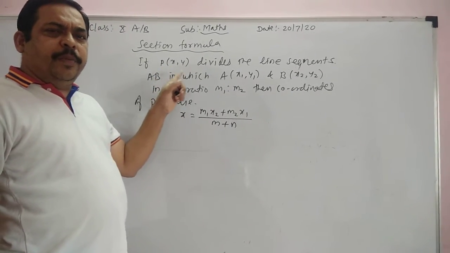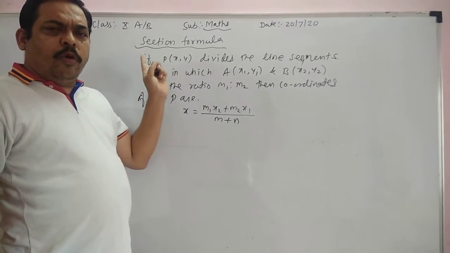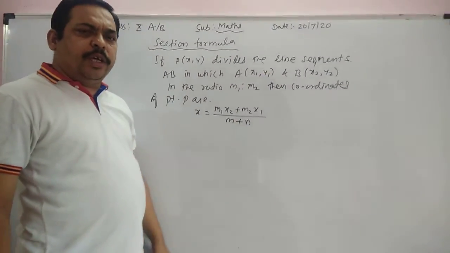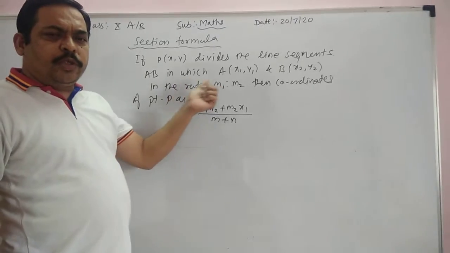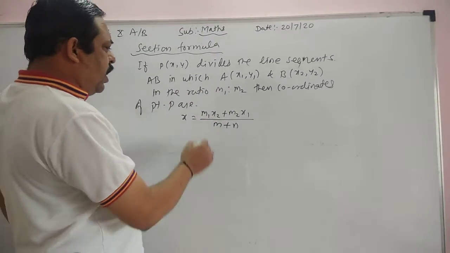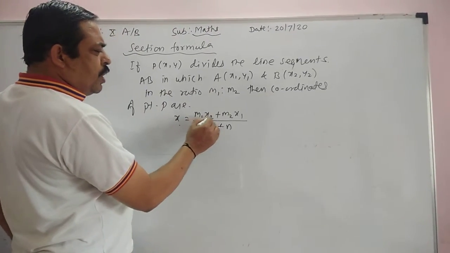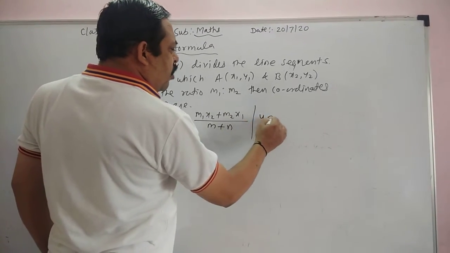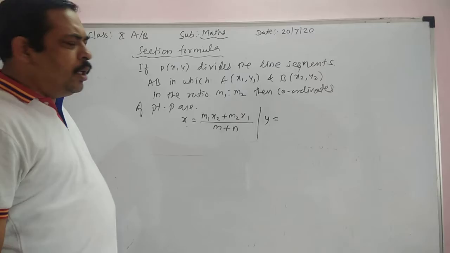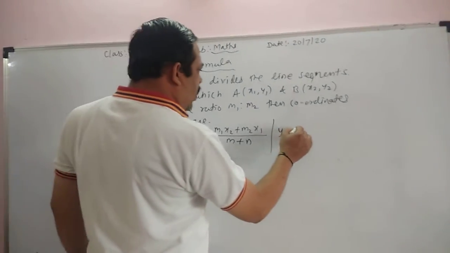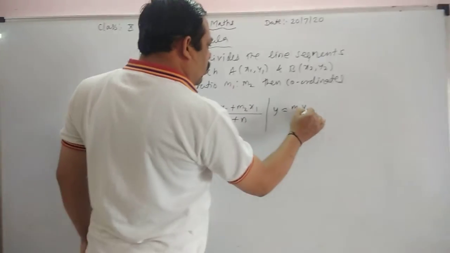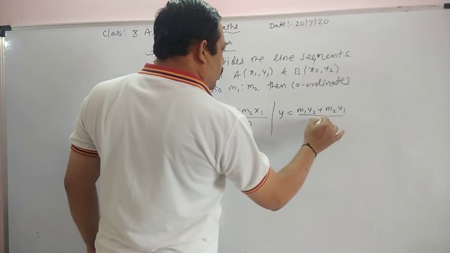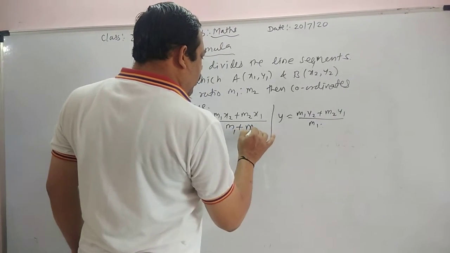We divide the line segment AB, having coordinates of point A as x1, y1 and coordinates of point B as x2, y2, in the ratio m as to n, internal division. Then x is equal to m1 x2 plus m2 x1 upon m plus n, and the y coordinate of that point P is going to be calculated by this formula: m1 y2 plus m2 y1 upon m1 plus m2.